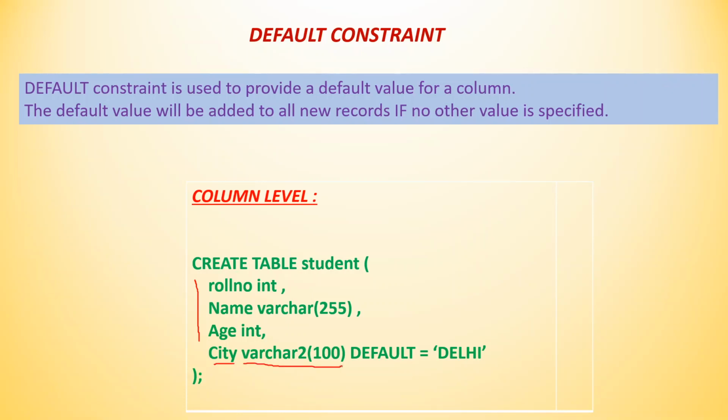This is the data type, and then default is a keyword, equal to Delhi. It means whenever you enter data for any student, you will enter roll number, name, age and city for that student. And if you don't enter any city for that student, by default his city will be entered as Delhi. So this is called default constraint.